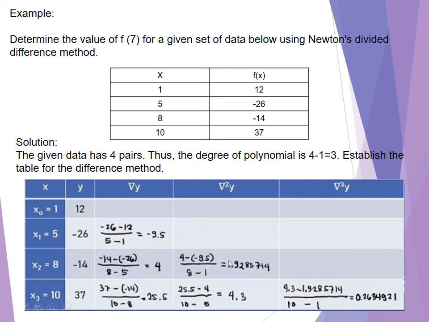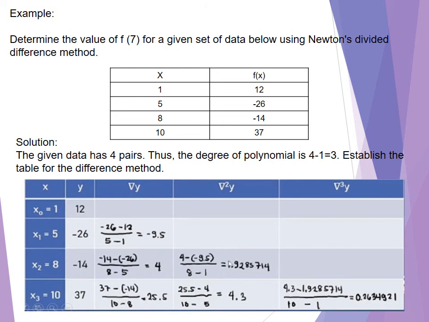For the second degree, or the inverted delta second degree of y, what you use for y is what you gathered in the inverted delta y. You start at the third grid, at x of 2.